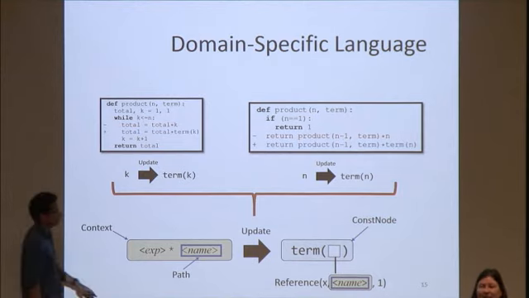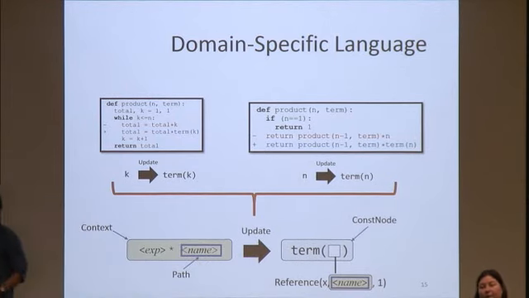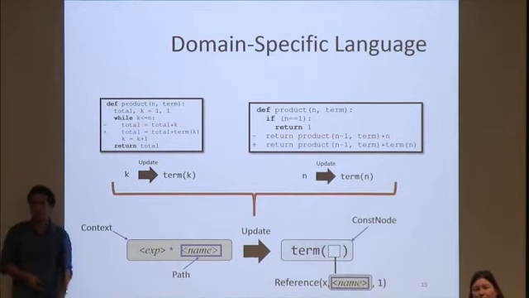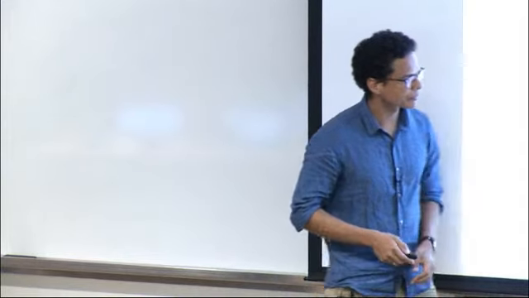So by combining these two types of operators in our language, we can create a new AST that has new nodes, but also reuses some of the nodes in the existing AST.